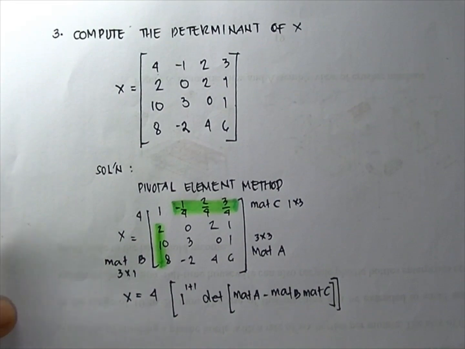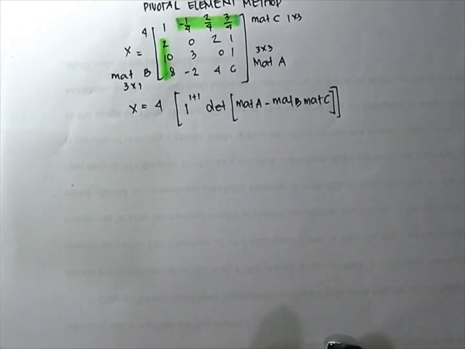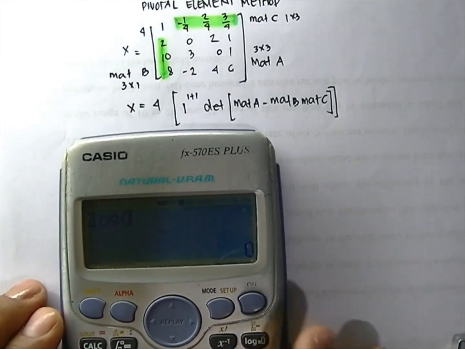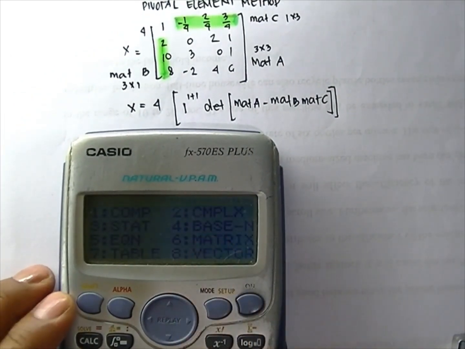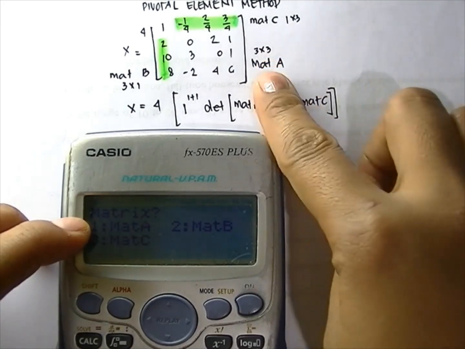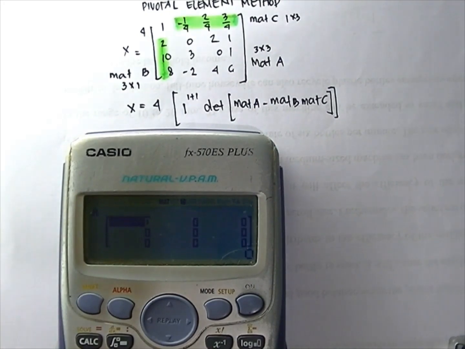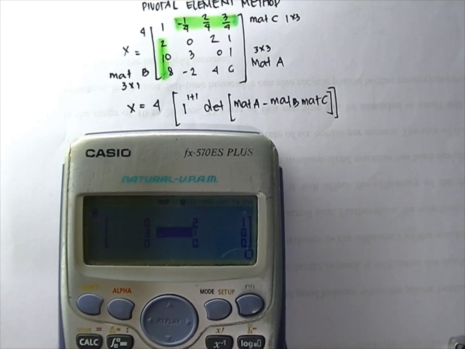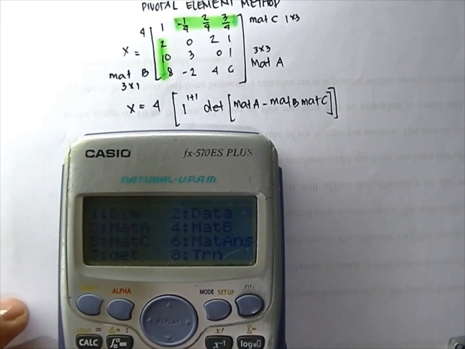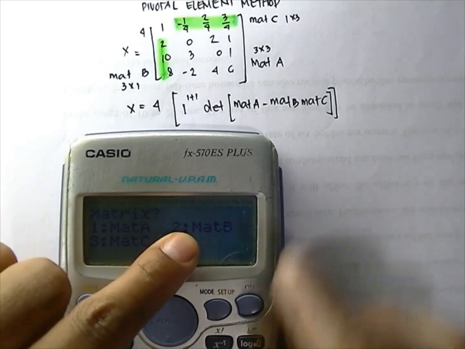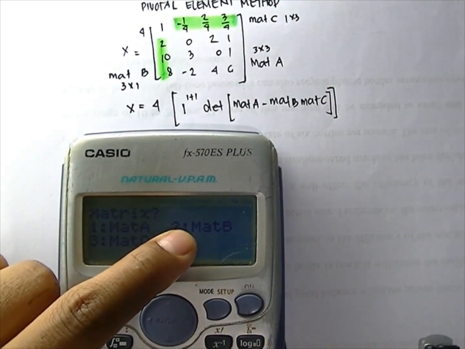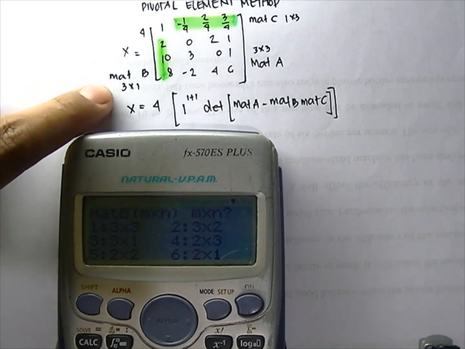So, in our calculator, we have mode matrix 6 and the first matrix A, so 3 by 3, we have 0, 2, 1, 3, 0, 1, and negative 2, 4, and 6. AC, shift matrix data 2, and next matrix B, so we have B, and it is 3 by 1, so 3.